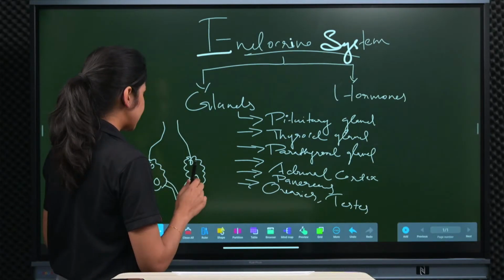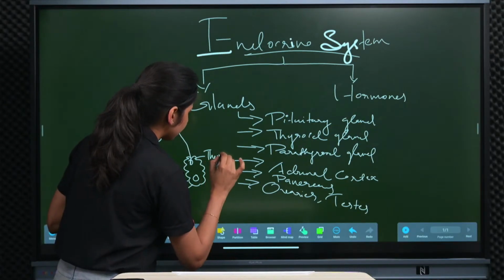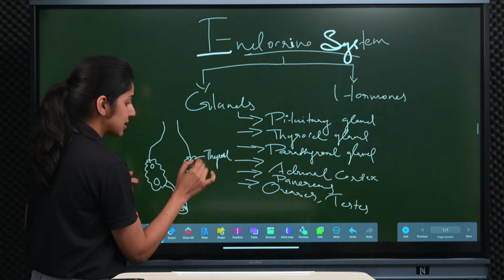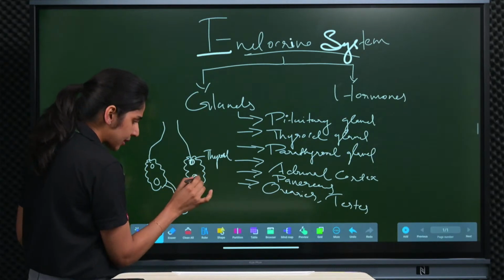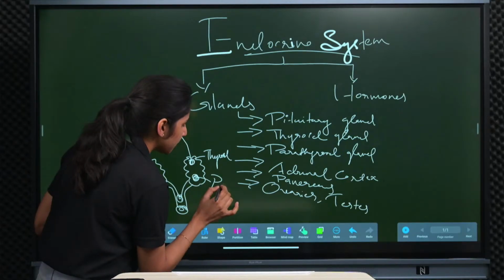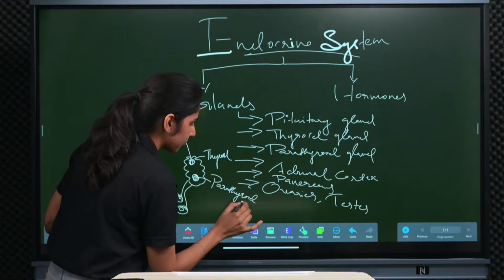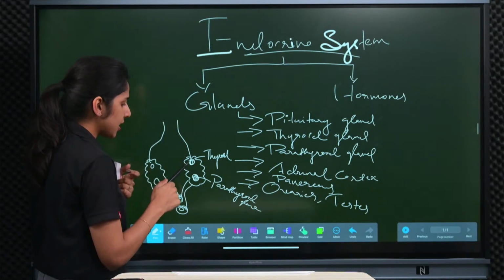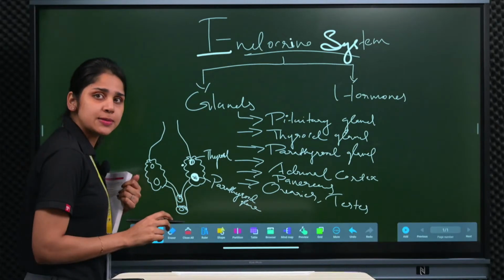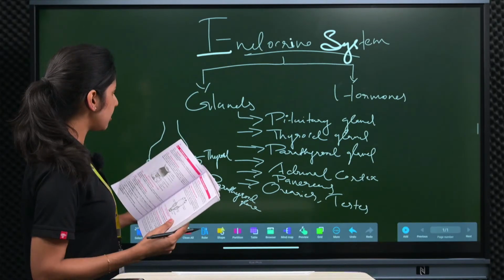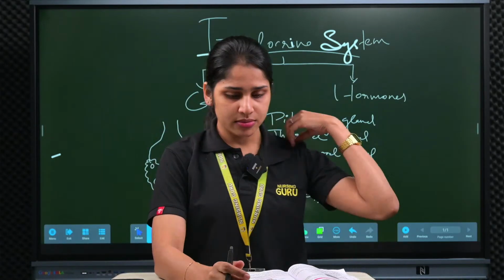So you can see that this is the thyroid gland, and this circle or oval shape is the parathyroid. This is a rough diagram just for understanding. Next I am explaining it.